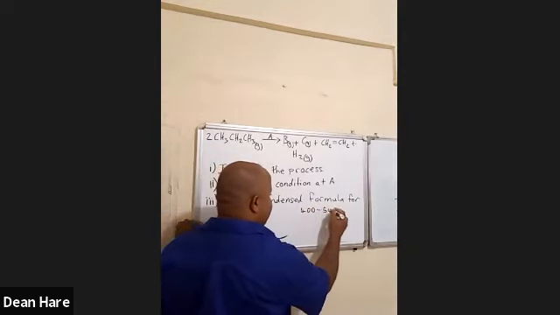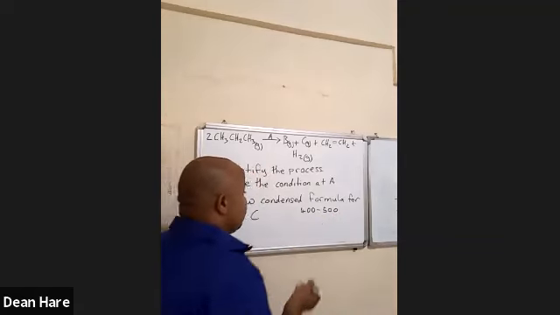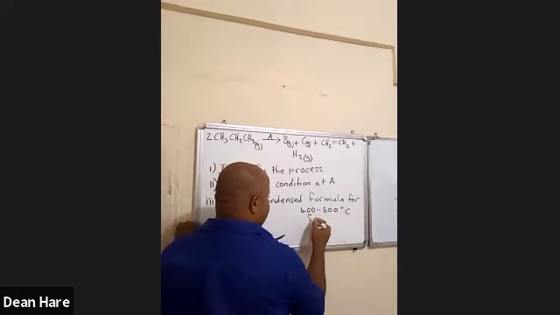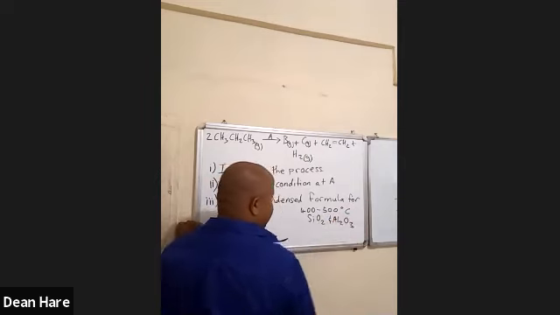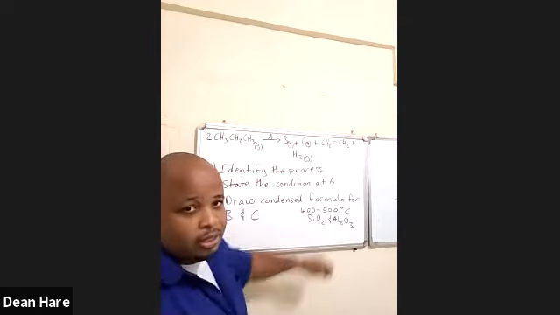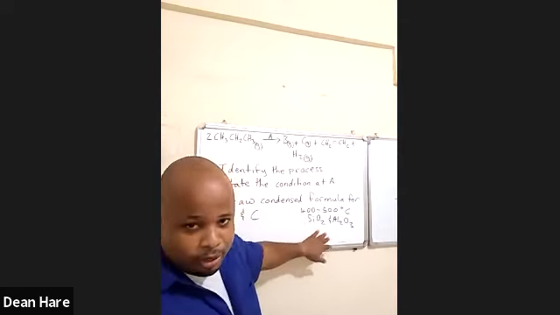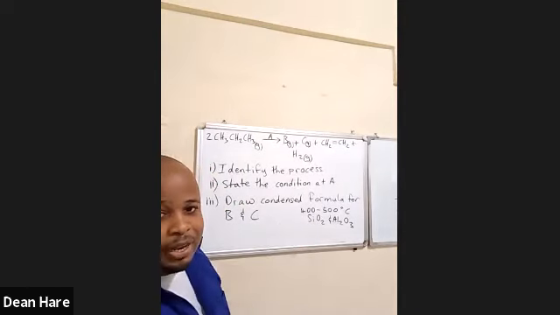I took this one from the CSEC Cape study guide: 400 to 500 degrees Celsius, SiO2 and Al2O3. So these are the catalysts. So in catalytic cracking, we use a catalyst. Now, if it's thermal cracking, the temperature is higher.